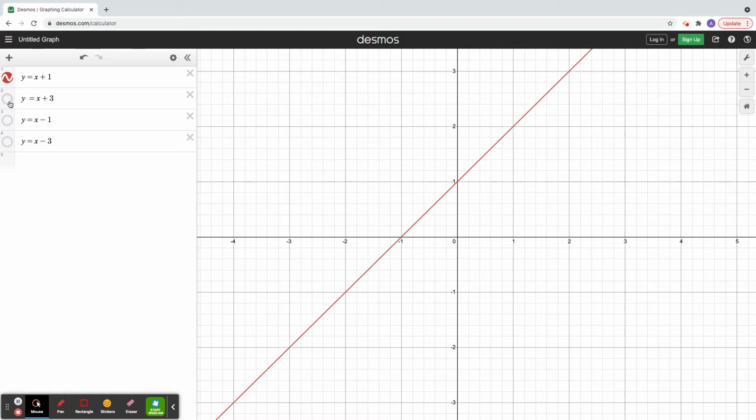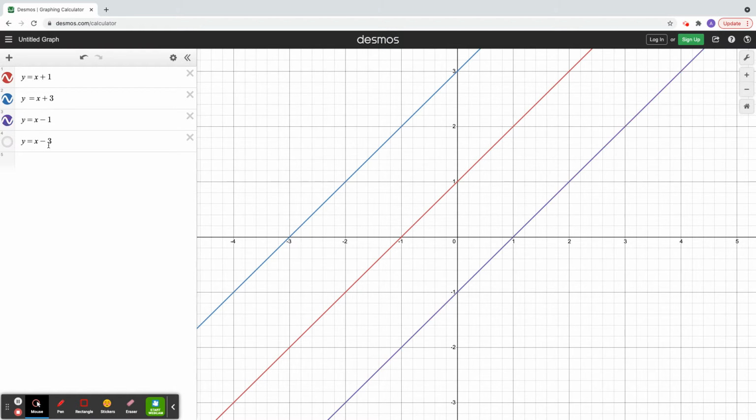Now let's look at y equals x plus 3. Here's our blue graph. Once again, maybe you can identify our y-intercept. You should predict now where you think this line is going to cross the y-axis, and likewise for y equals x minus 1 and y equals x minus 3.